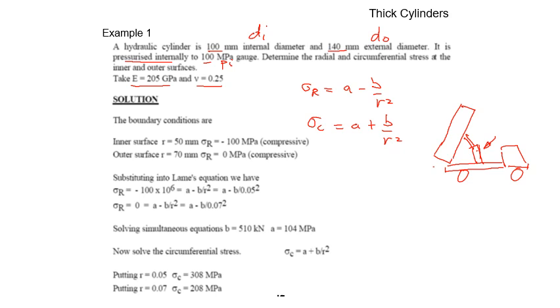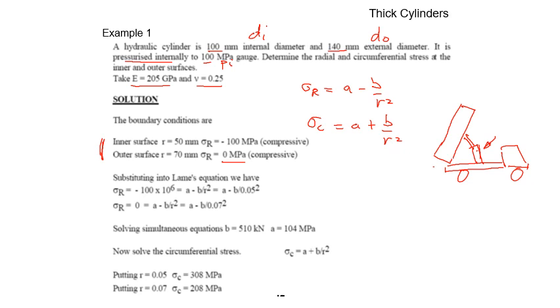So R is given. Internal diameter is 100, so internal radius is 50, and outer radius is 70. Pressure wise, internally we have internal pressure of 100 megapascal, and on the outer surface is atmospheric, so it's 0 megapascal gauge. Both are compressive, because the stresses are due to pressure.